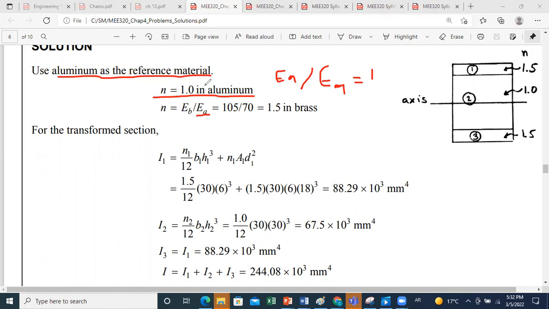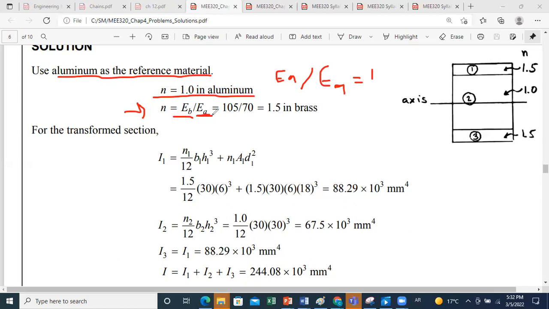The material of reference will always have n equal to 1, and for each material, n will be the modulus of elasticity of this material over the modulus of elasticity of the reference material. So here for aluminum, n is 1, and for brass, n is the modulus of elasticity of brass over the modulus of elasticity of aluminum, which is 105 over 70, equal to 1.5.